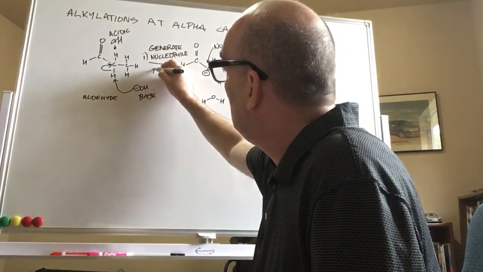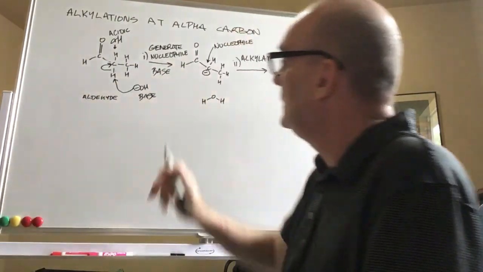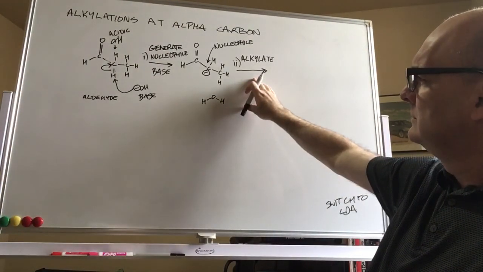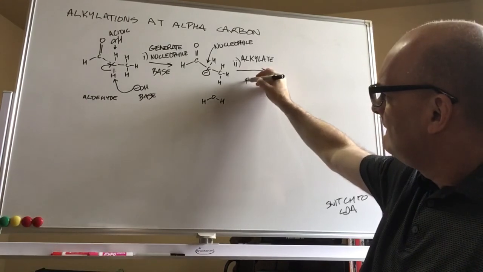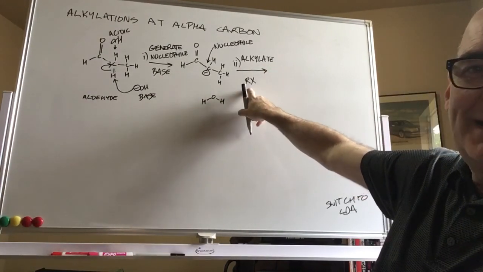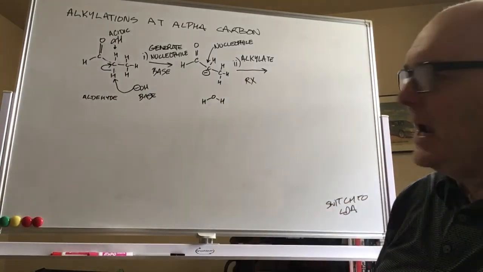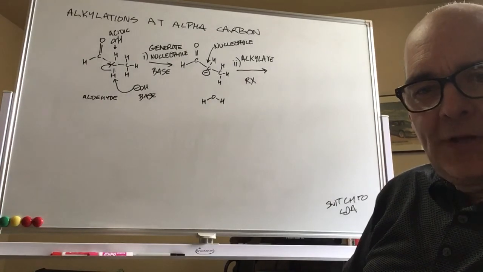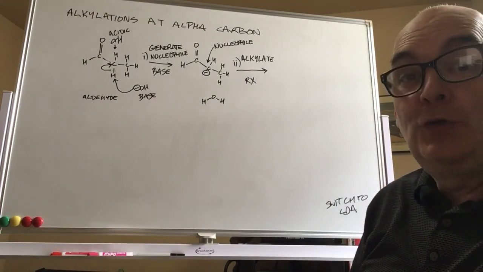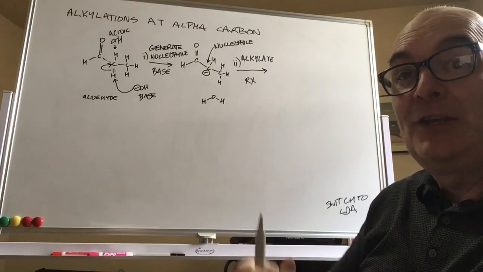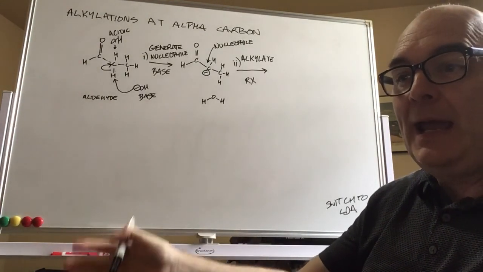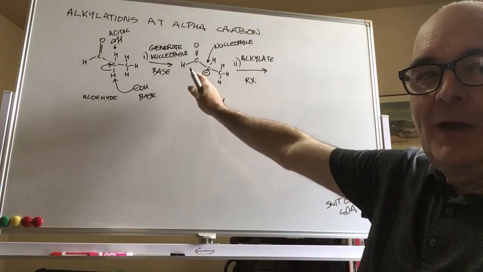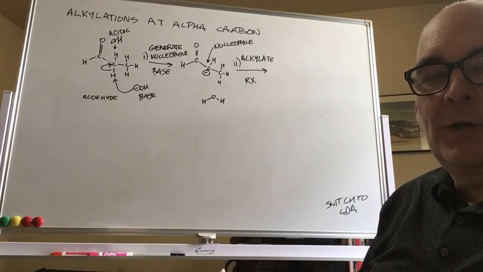We generate the nucleophile in base, and we alkylate. I'm going to alkylate by adding a haloalkane, RX. Because if this is a nucleophile, then I know that haloalkanes undergo nucleophilic substitution. They lose the leaving group, and the nucleophile attaches to the carbon. If the nucleophile is a carbon, then I can make a new carbon-carbon bond.